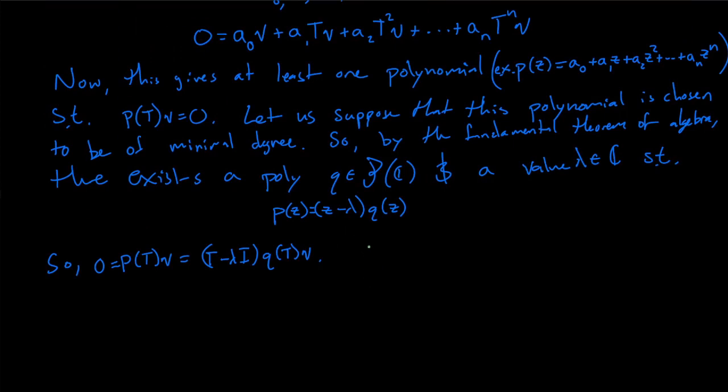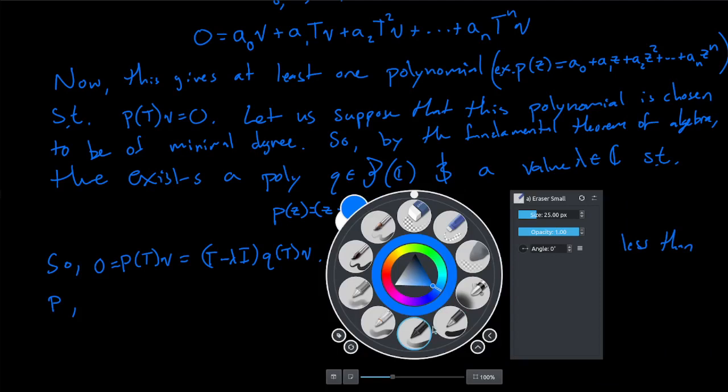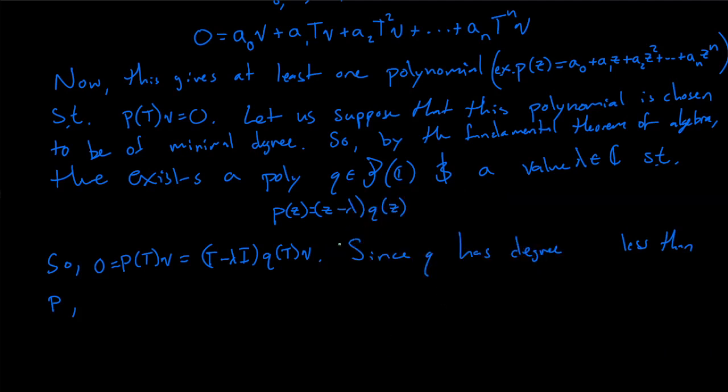Okay. Since q has degree less than p, I shouldn't say 1 less, I should just say less than p, just to be clear, because maybe this is a multiple root.